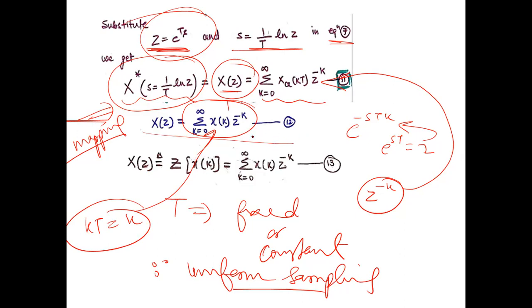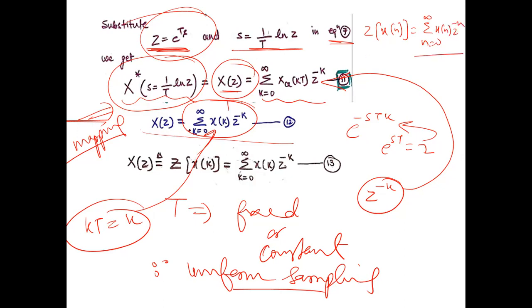Now if you see, this equation is directly equivalent to equation number 2. So you can check equation number 2 here, right? In equation number 2, we have Z of x n is equal to summation n is equal to 0 to infinity x n z minus n, right?